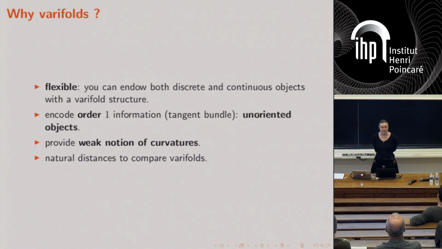As they encode the tangent, they will provide a weak notion of curvatures. That's what I'm going to focus on today. And you have natural distances to compare varifolds, that come from weak star distances between measures, so that they are adapted to compare geometric objects.